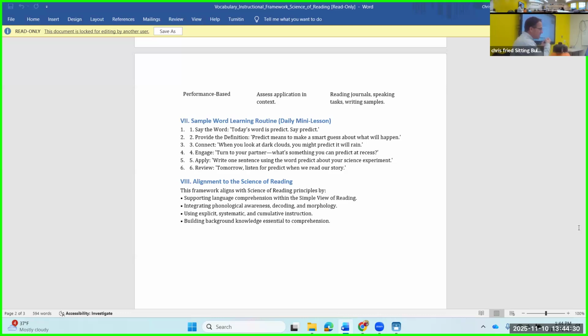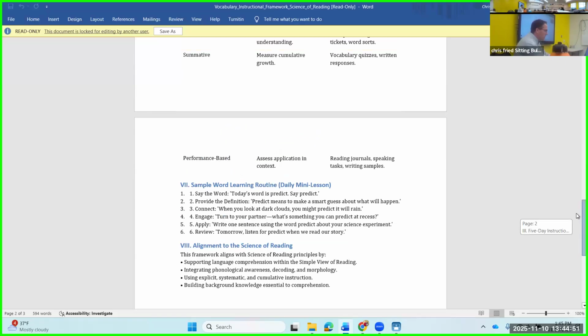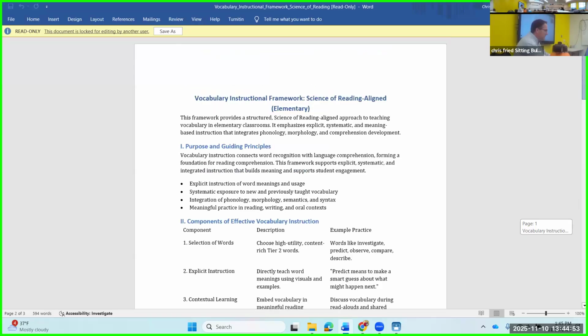It supports language comprehension, and it's using phonological awareness, decoding, morphology, and the three types of instruction: explicit, systematic, and cumulative, which is important. And then it's building background knowledge with the students to help with comprehension of that term, the use of that term within different content settings.